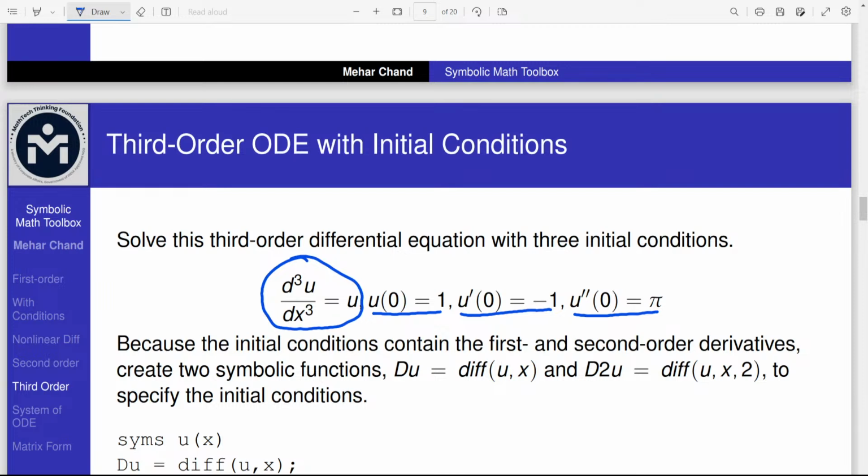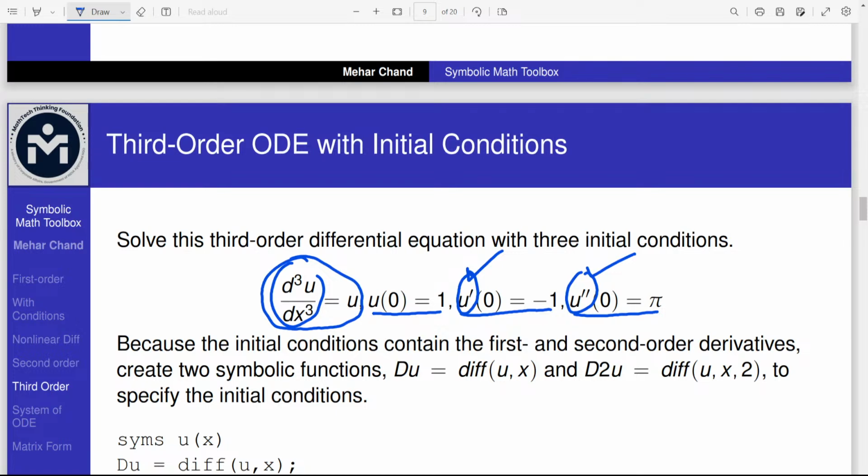The new thing here is the first order derivative, the second order derivative, and the third order derivative. First we need to create symbolic variables for this equation, which is quite simple, as we did in the previous example.